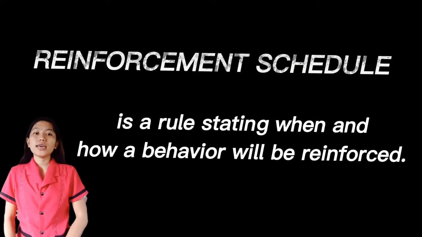Reinforcement schedule is a rule stating when and how a behavior will be reinforced. Continuous schedule of reinforcement is used during the initial stages of learning in order to create a strong association between the behavior and response.